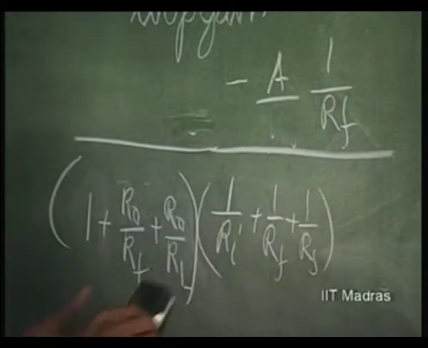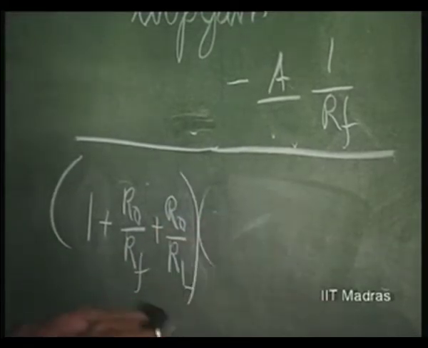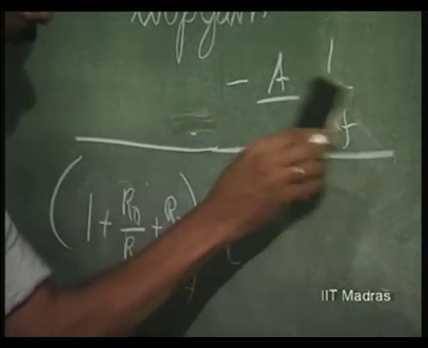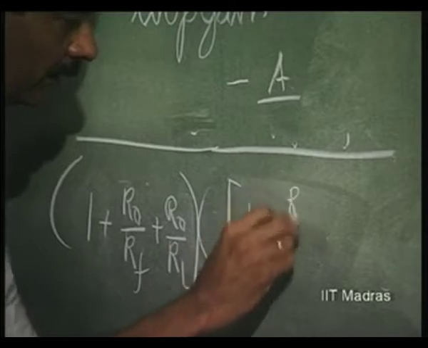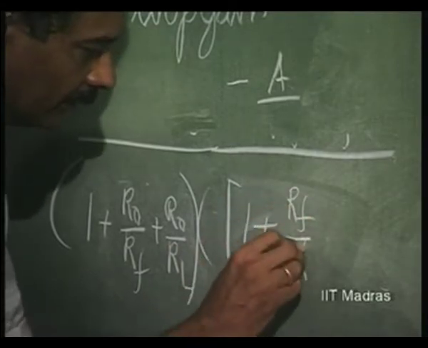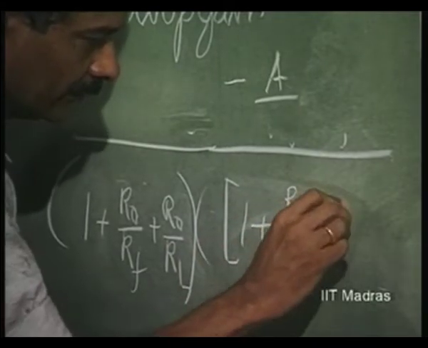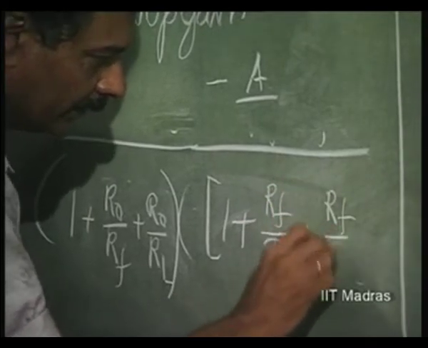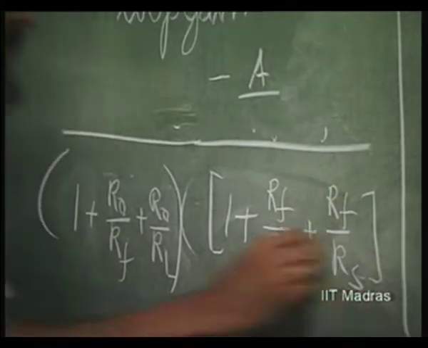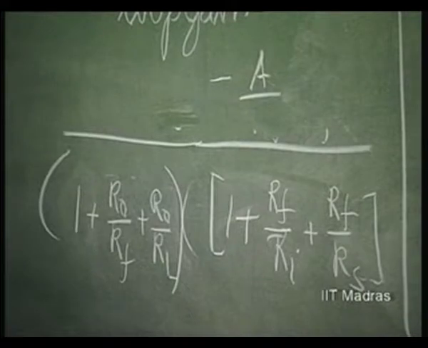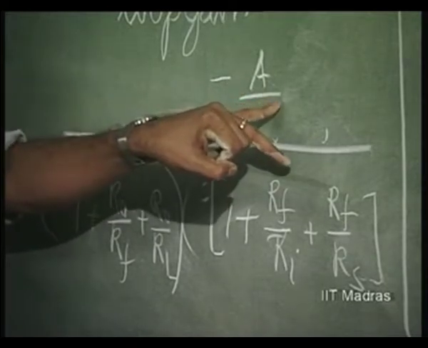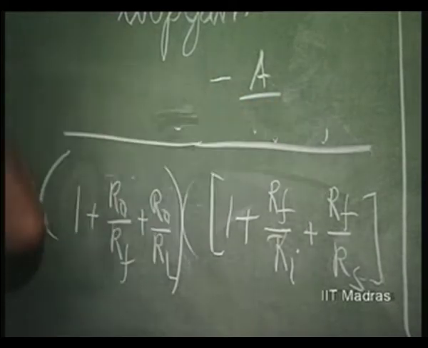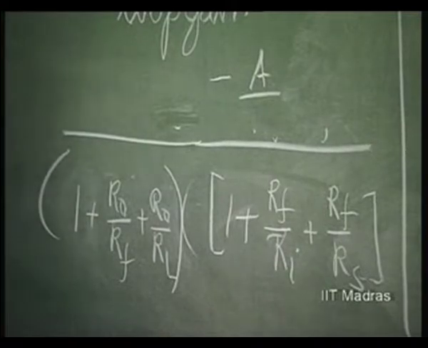So, one plus Rf by Ri plus Rf by Rs. So, I can see basically the loop gain is minus A. Basically the loop gain is minus A, right.